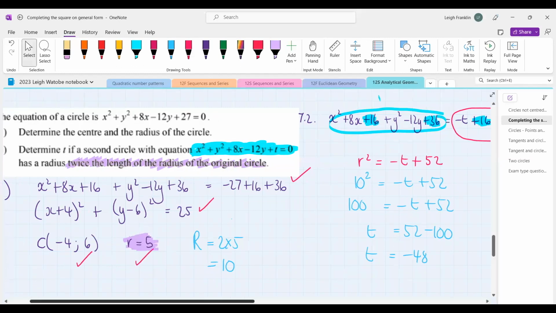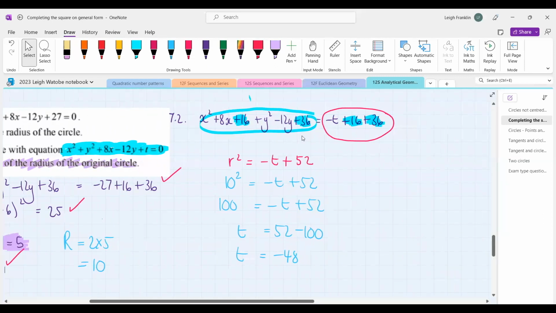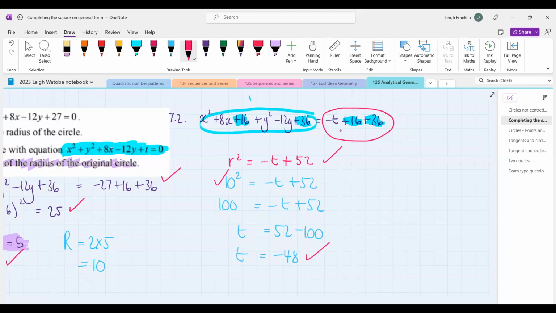The second part, I think, is a mark for writing down that r squared was equal to minus t plus 52, and then a mark for equating it to 10 squared and working out what t was equal to. Does that answer your question?